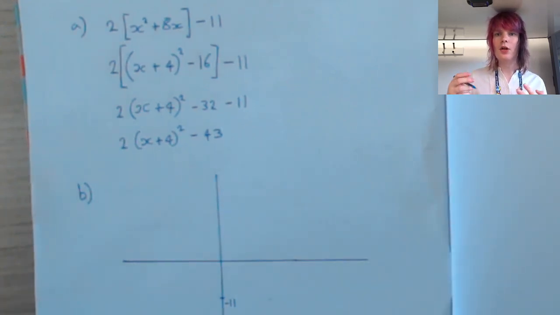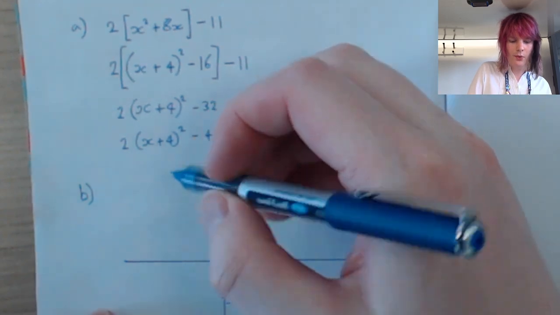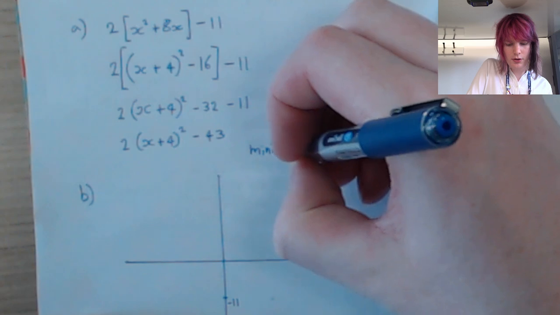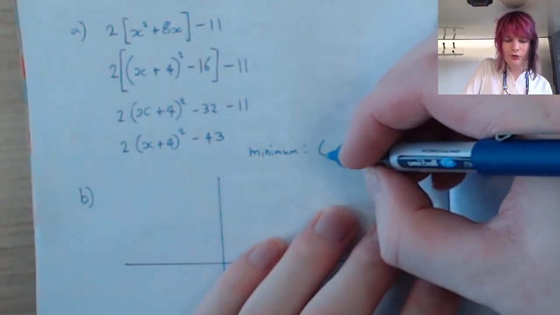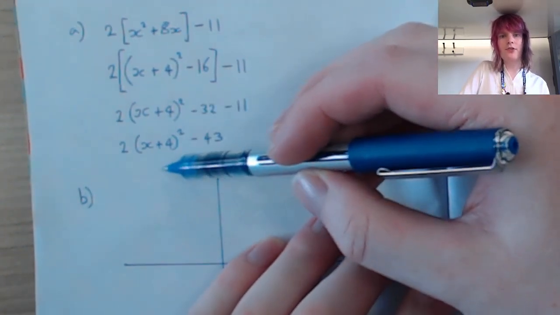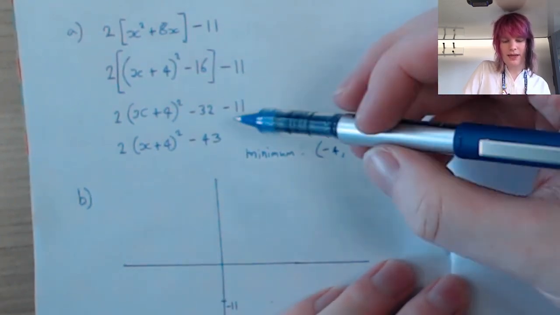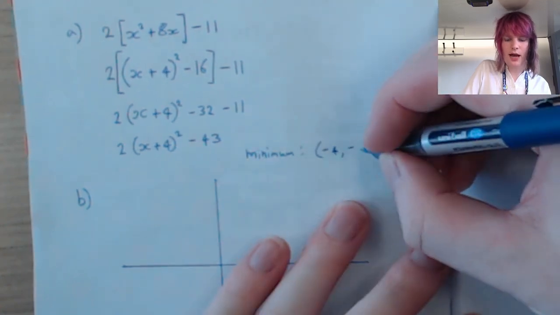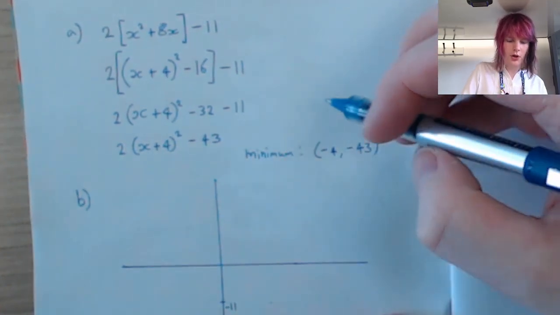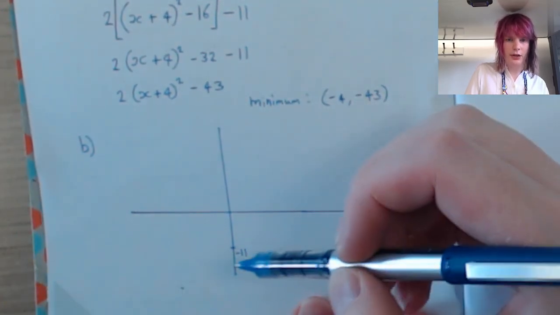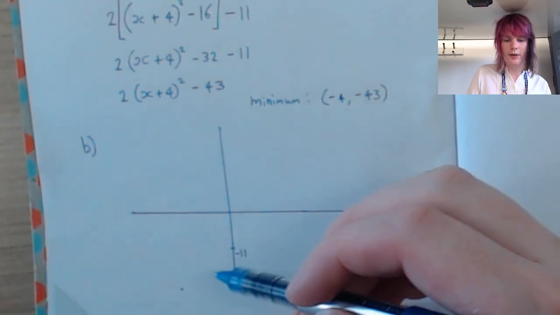We did learn a formula to get this out as well, which is that the minimum point for this expression is equal to the inverse, so we flip the sign here for the x coordinate, we get minus 4, and we keep this one the same, we get minus 43. So it looks like we're going to get a point way down here with coordinates minus 4 and minus 43.